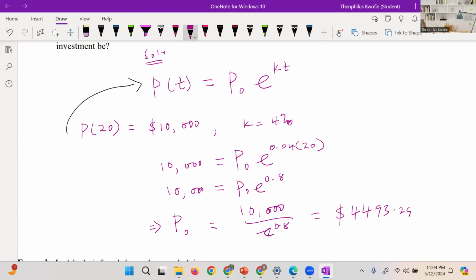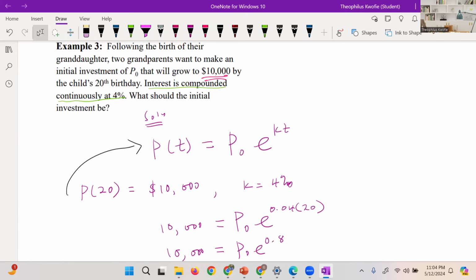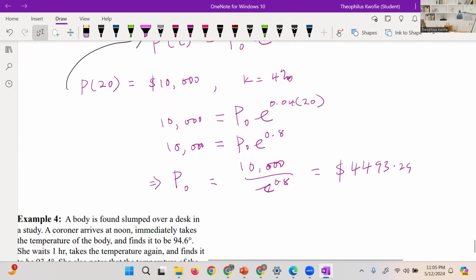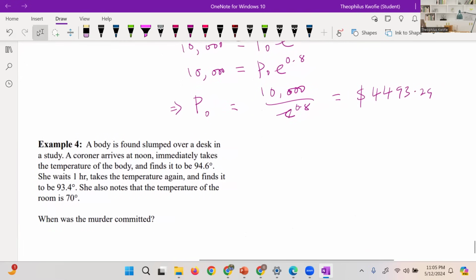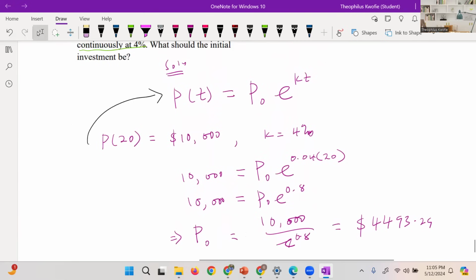So it means that for the grandparents to yield $10,000 by the time their daughter's 20th birthday, they would have to invest about 4,493.29. I want us to take note that this is very important, especially if you want to invest into your children's education.